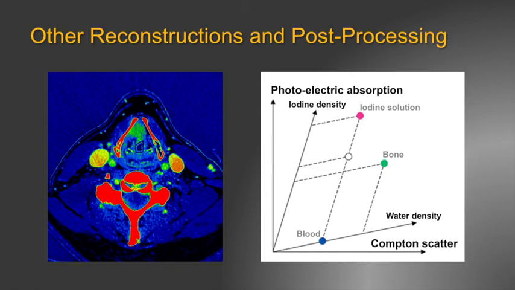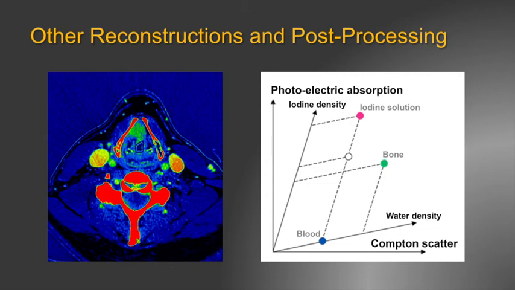However, they're not without limitation. One pitfall one needs to be aware of is the high signal of calcium-containing tissues such as bone on these images, as shown here.